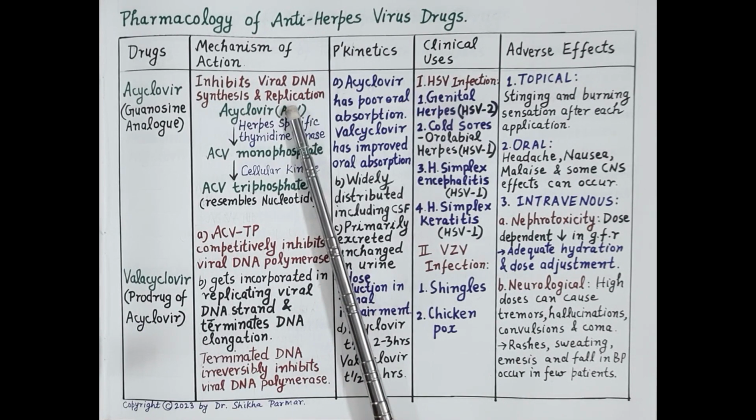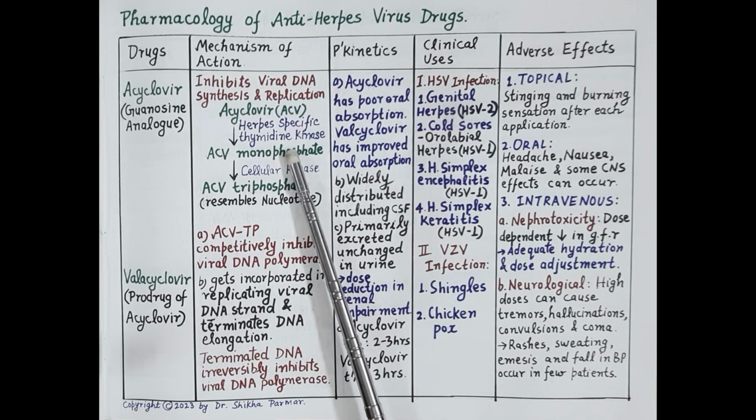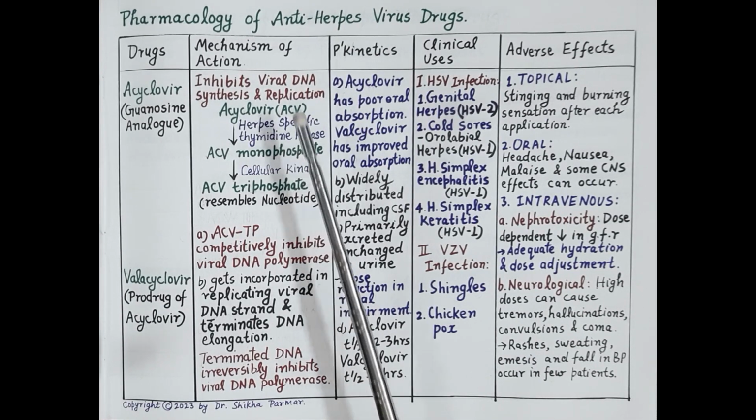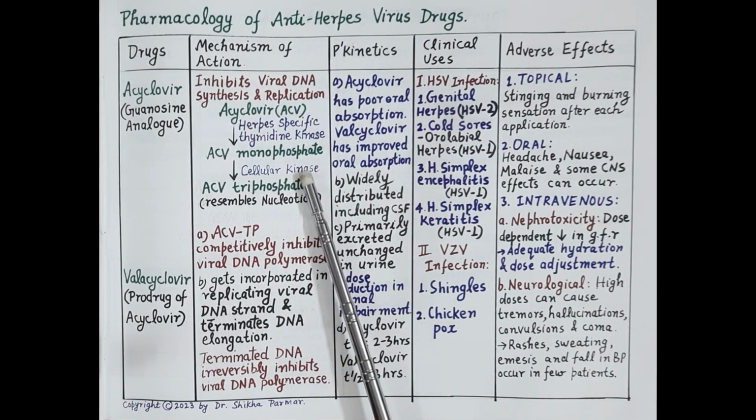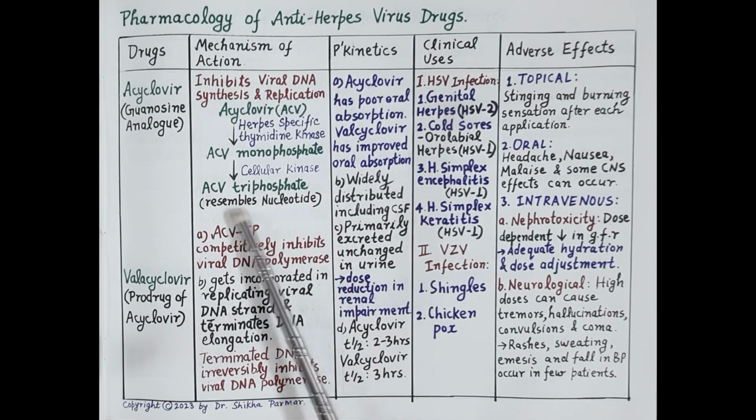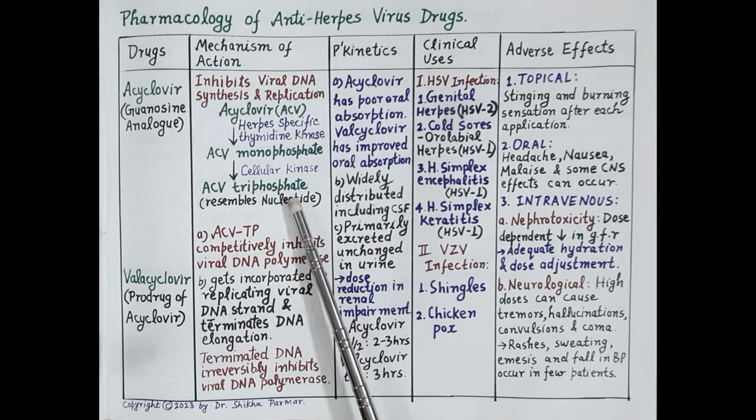Now, when Acyclovir reaches a herpes virus infected host cell, herpes specific or viral thymidine kinase converts Acyclovir to Acyclovir monophosphate. Then cellular kinase or the host cell kinase further phosphorylates it, and this produces acyclovir triphosphate.